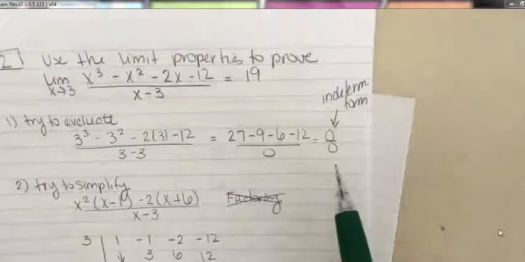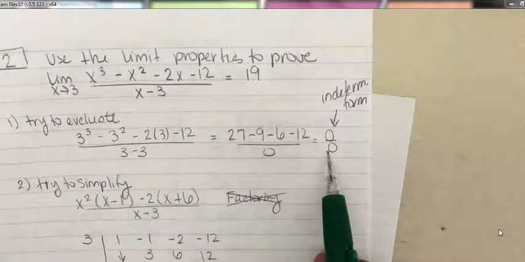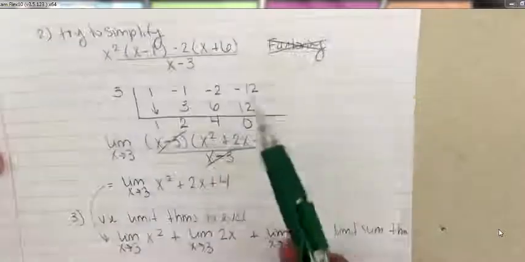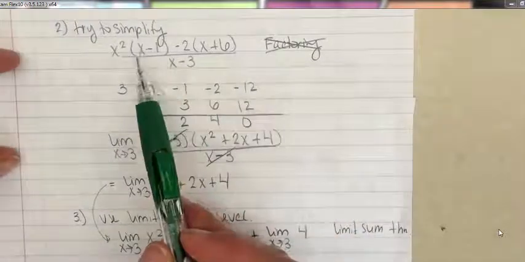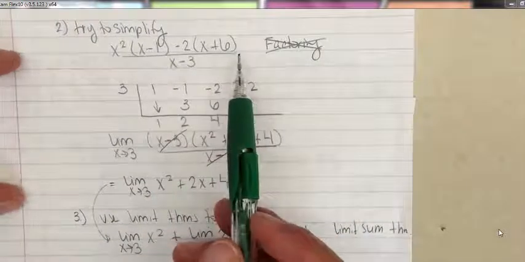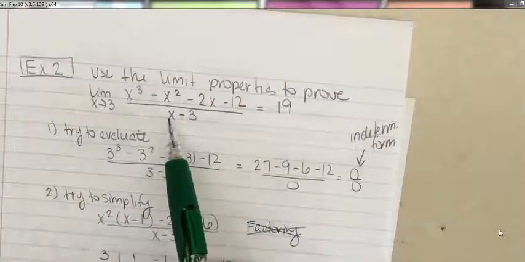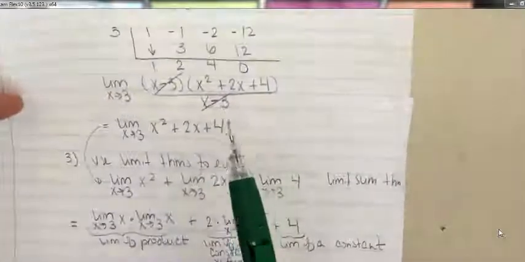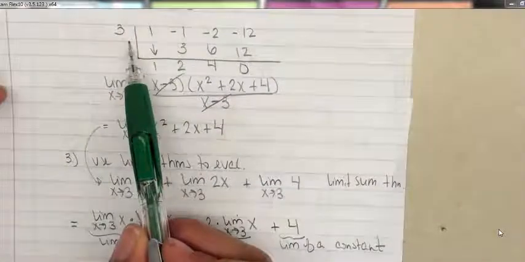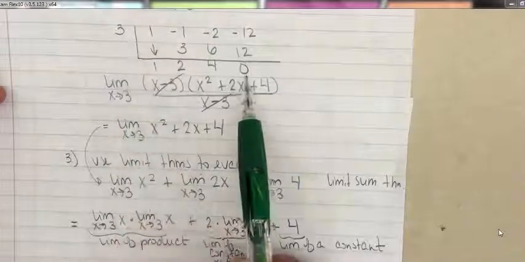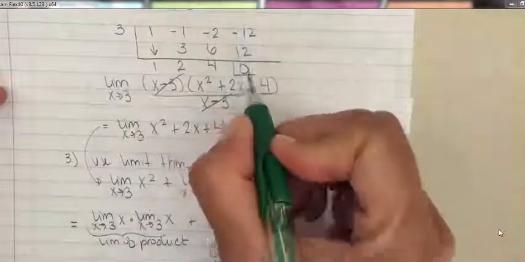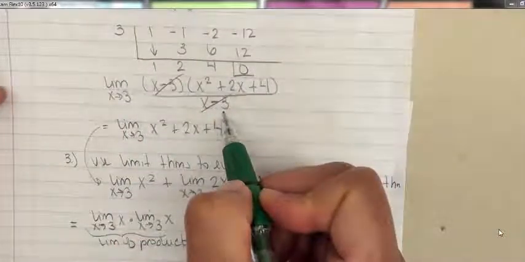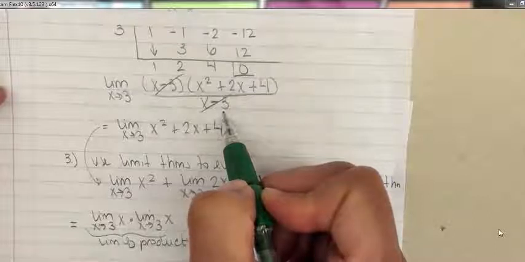I couldn't just do direct substitution because I got the indeterminate form. I always try factoring first because factoring is usually easiest. But in this case, because my denominator was x to the first power, I was able to use synthetic division. Did that, I got a remainder of 0, which told me that x minus 3 was in fact a factor of the numerator.